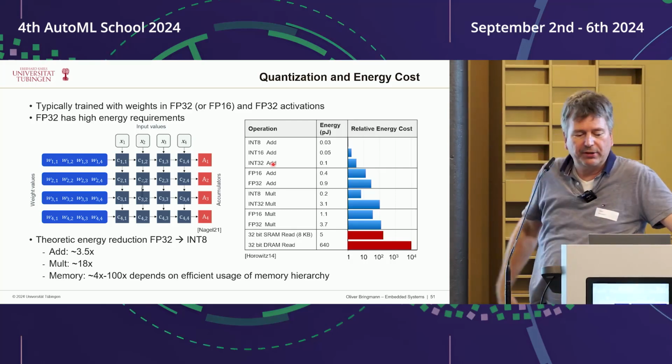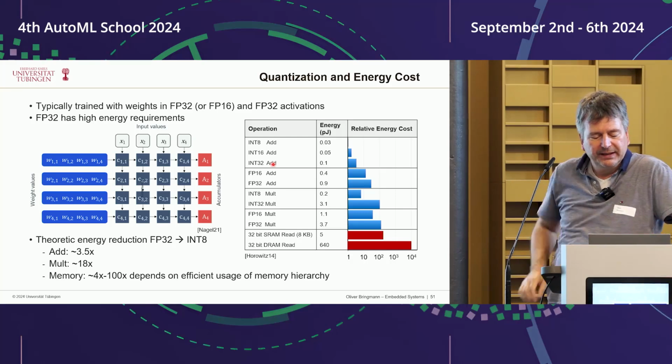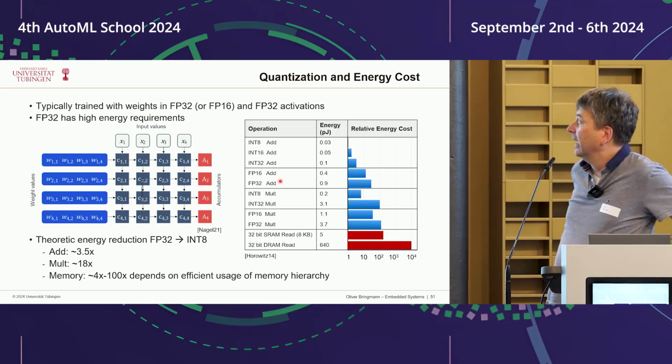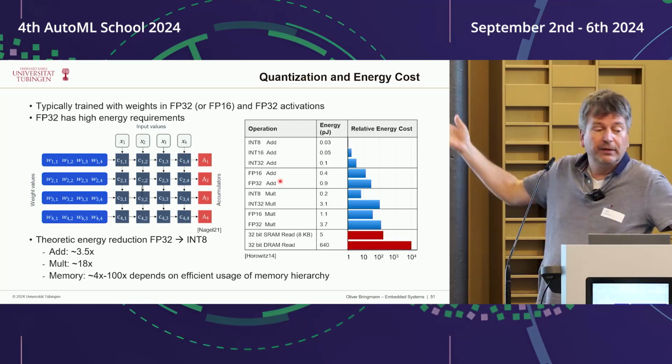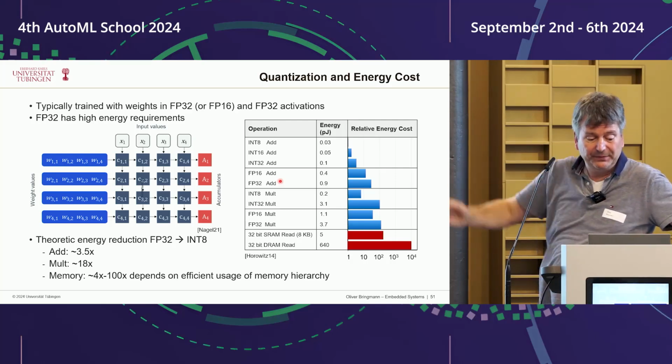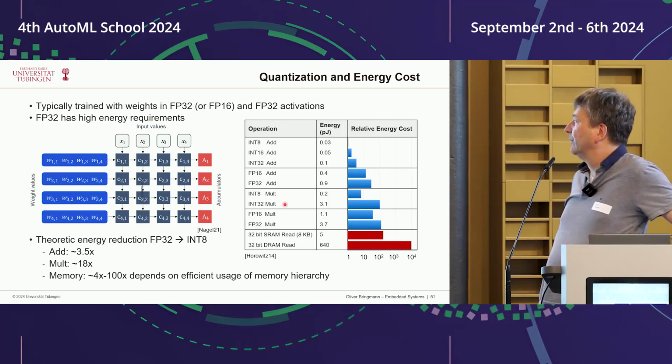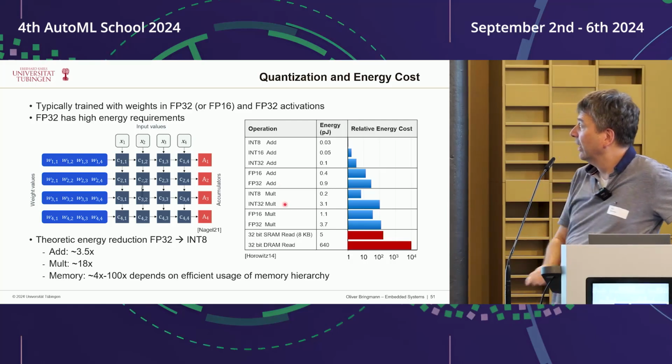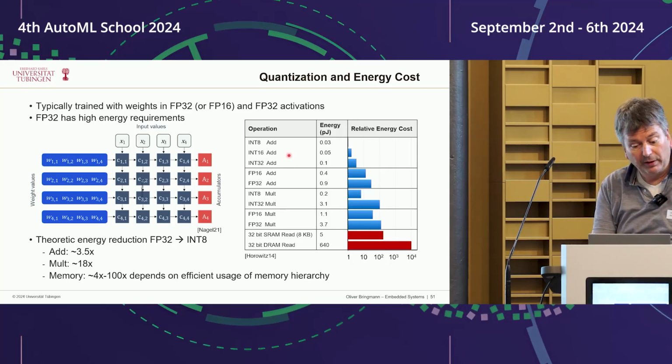And you see the energy costs in picojoule. Then the next one is floating point add. Floating point is much more expensive than integer. Then the same for multiplication. Multiplication is more than addition, of course, and floating point is even more.